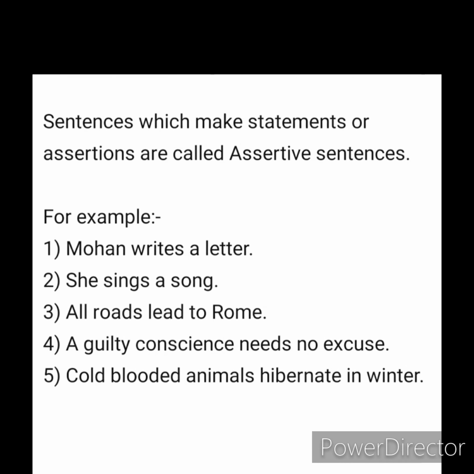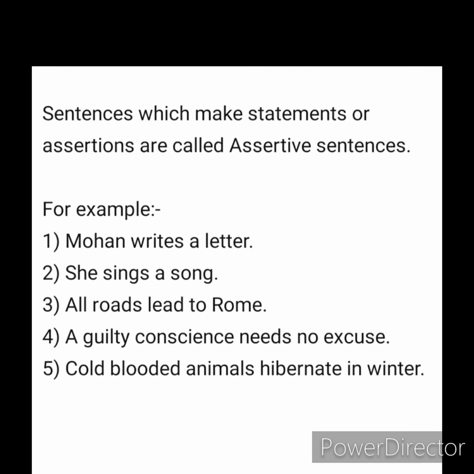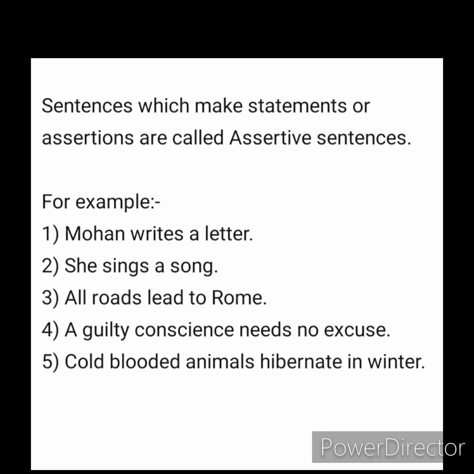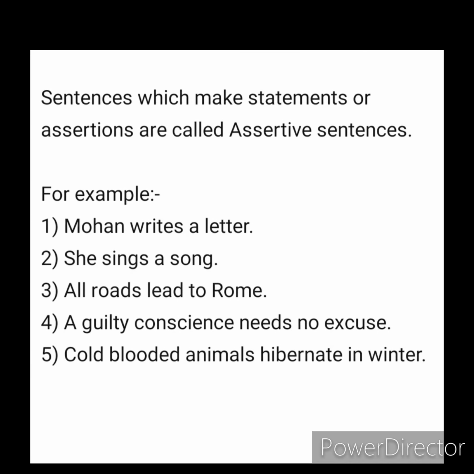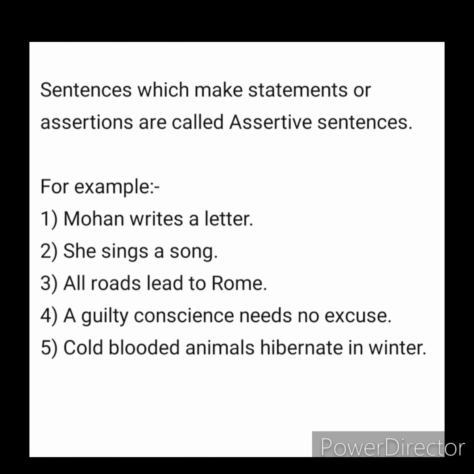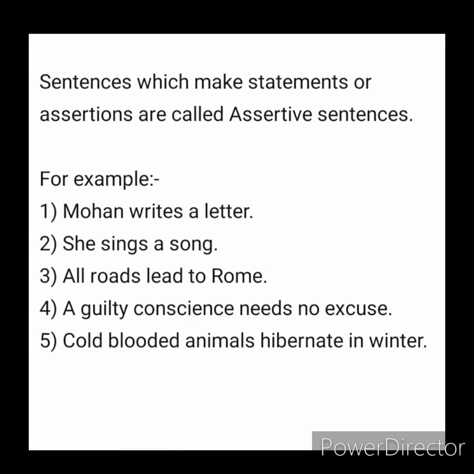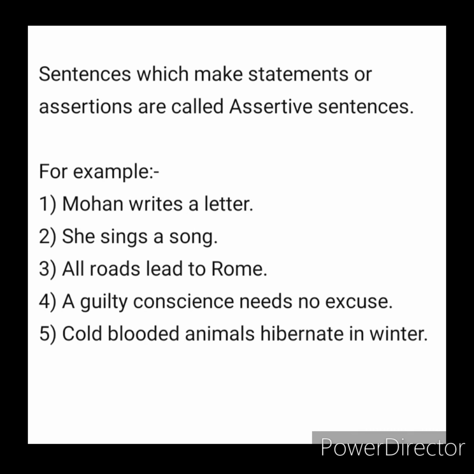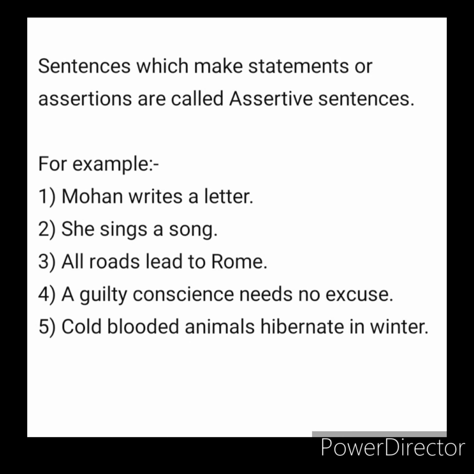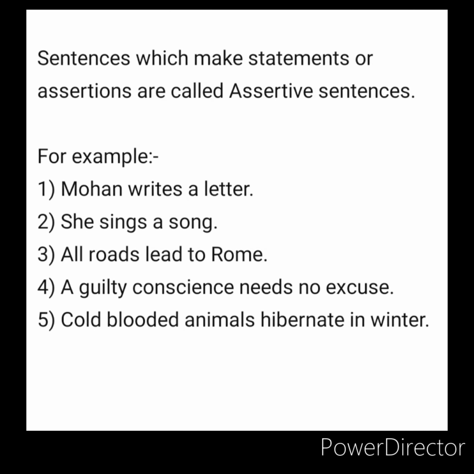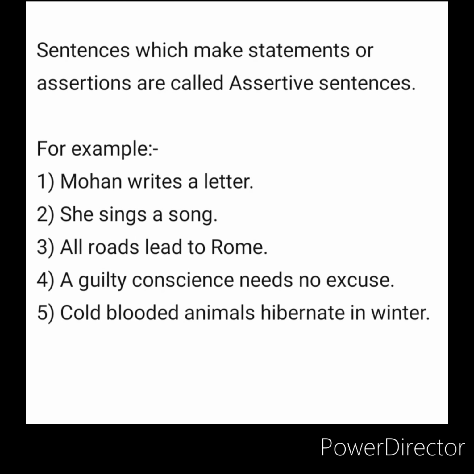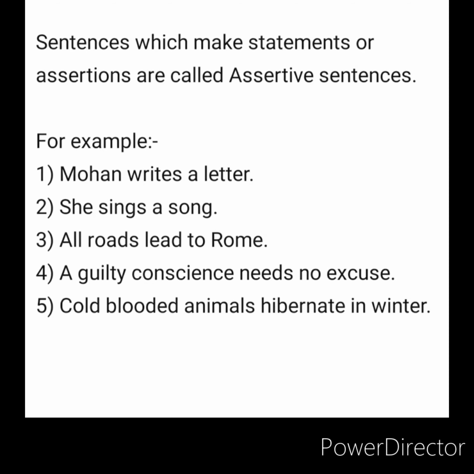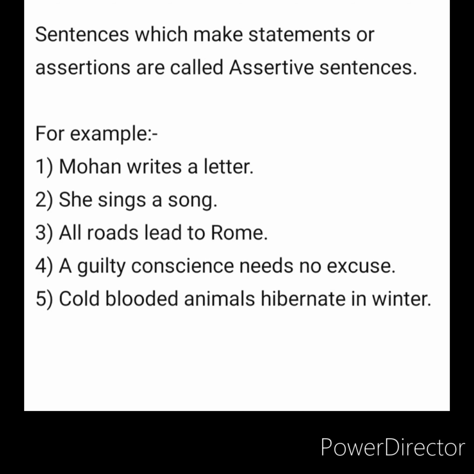Sentences which make statements or assertions are called assertive sentences. For example, Mohan writes a letter. She sings a song. All roads lead to Rome. A guilty conscience needs no excuse. Cold-blooded animals hibernate in winter.